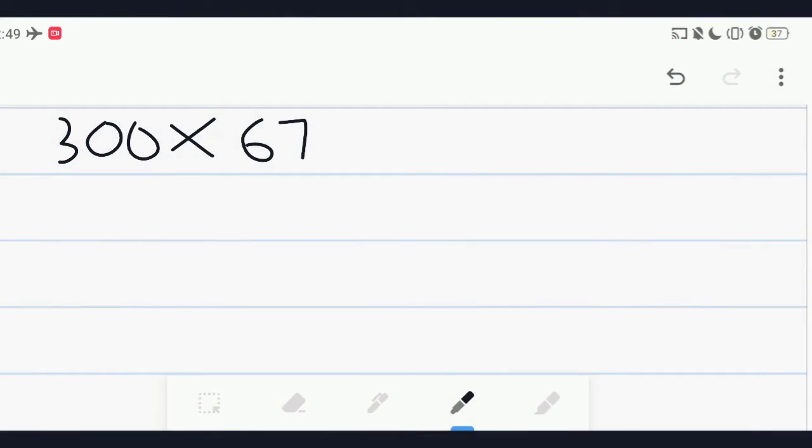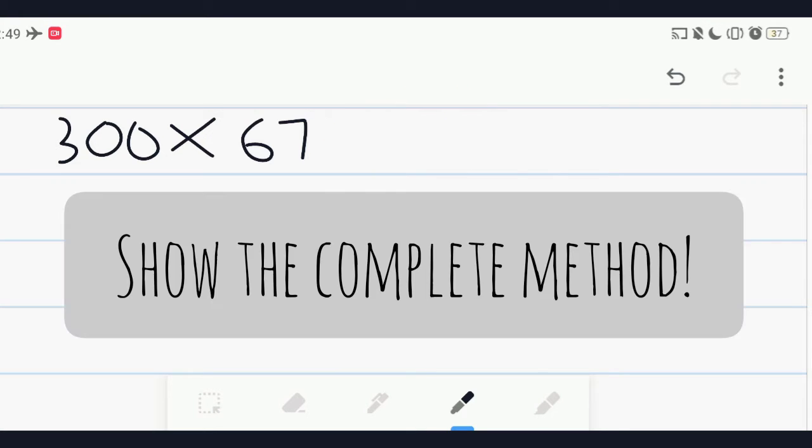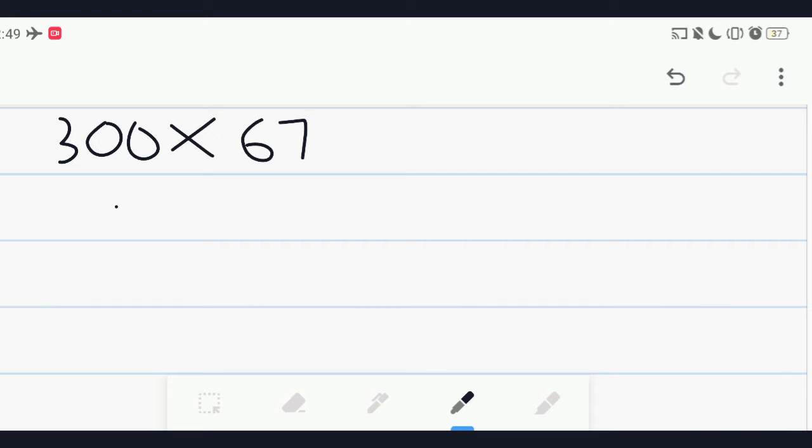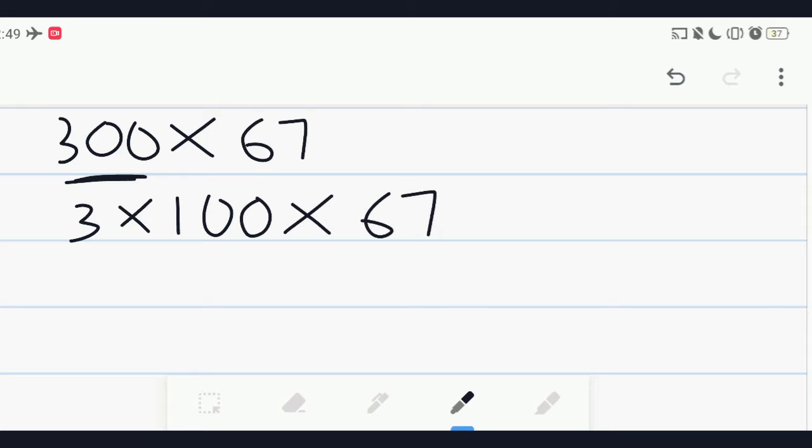For example, you have a question, 300 times 67. Then you have to show your complete method to find the value. You have to separate which one is the multiple of 10, 100 or 1000. From this question, we know that 300 is a multiple of 100. So we have to separate 300 into 3 times 100 times 67.